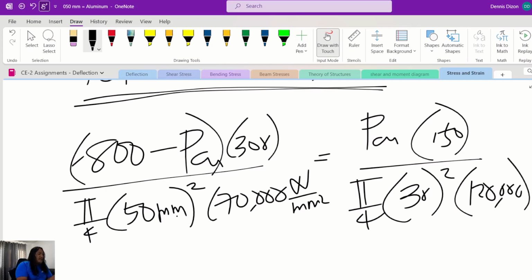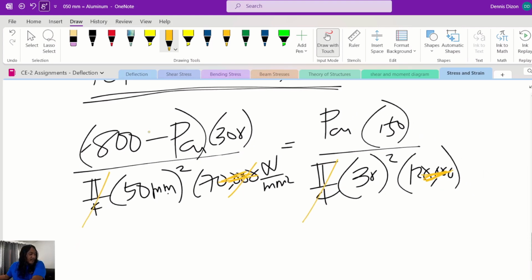So if we simplify, this one will cancel out, the pi over 4 on both sides. And then we will simplify this one here.